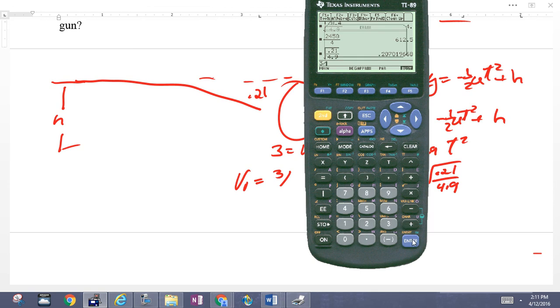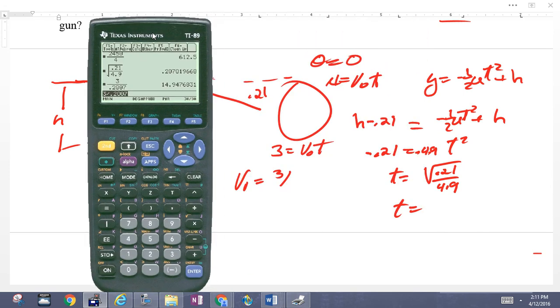that initial velocity. 3 divided by that value is going to give us, that doesn't seem right, 3 divided by 0.207 gives us a velocity of about 15 meters per second.